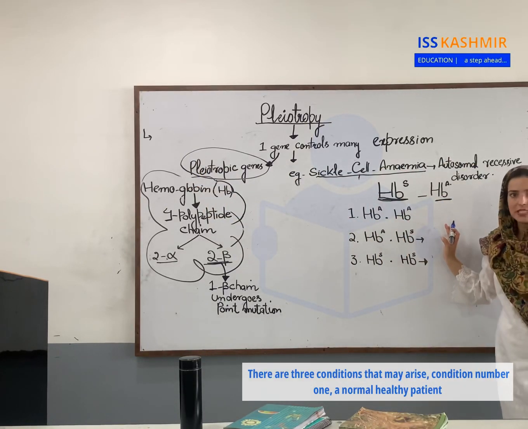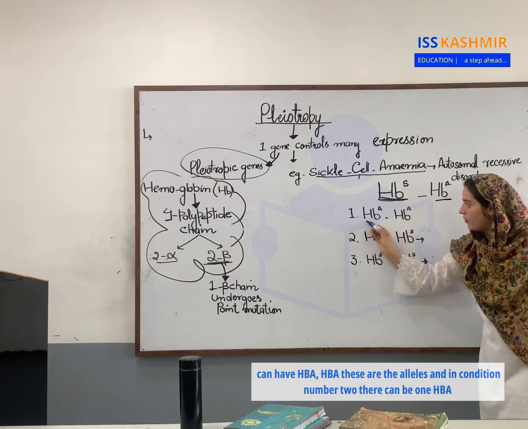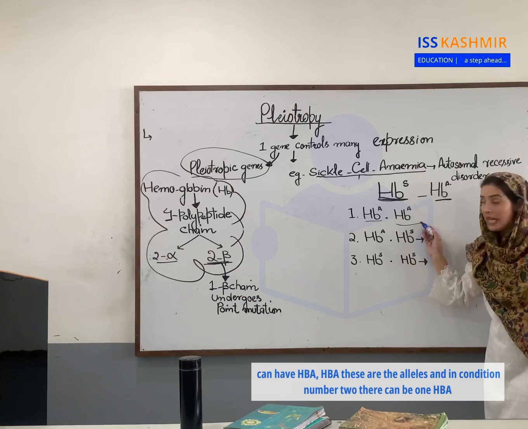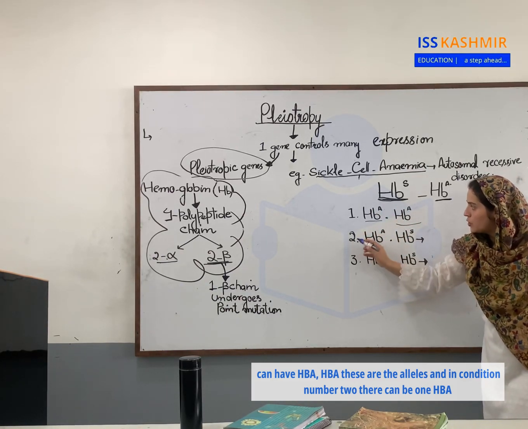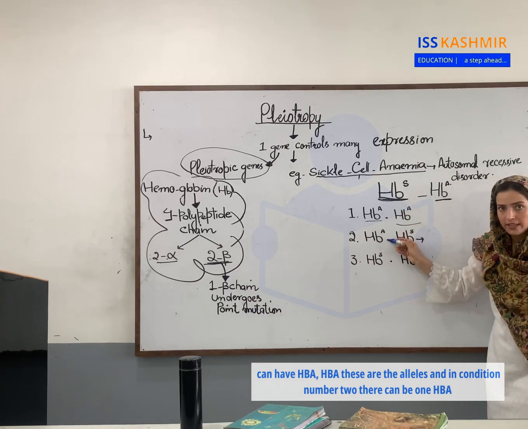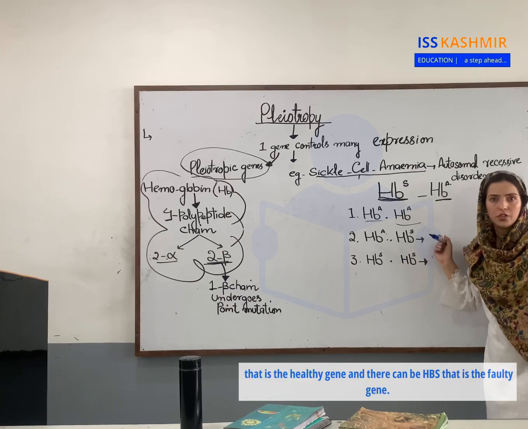There are three conditions that may arise. Condition number one, a normal healthy patient can have HBA, HBA. These are the alleles. And in condition number two, there can be one HBA, that is the healthy gene, and one HBS, that is the faulty gene.